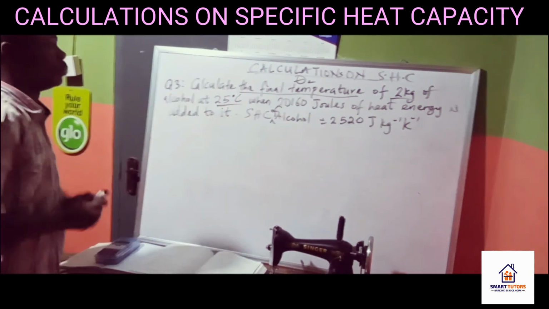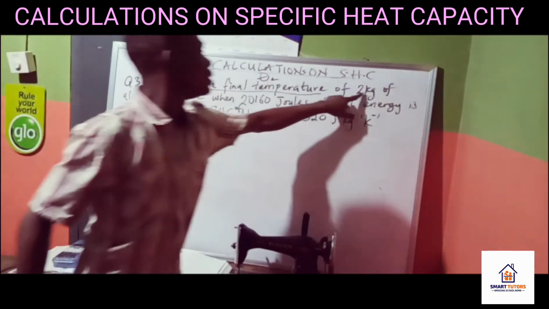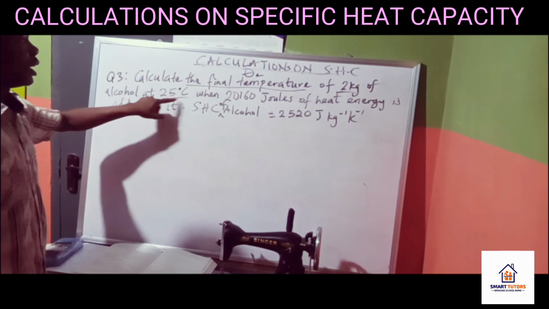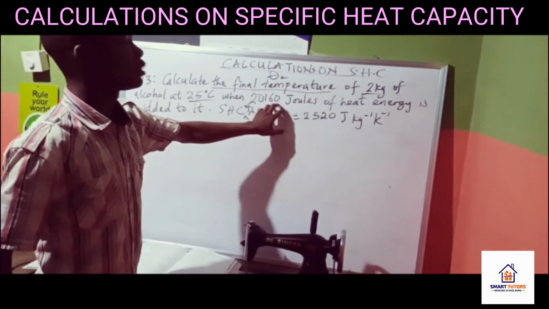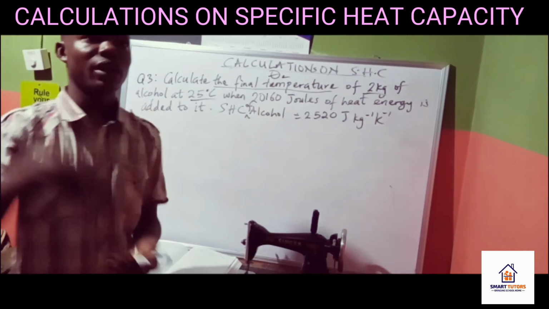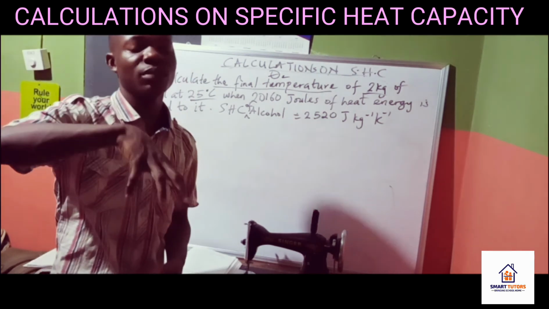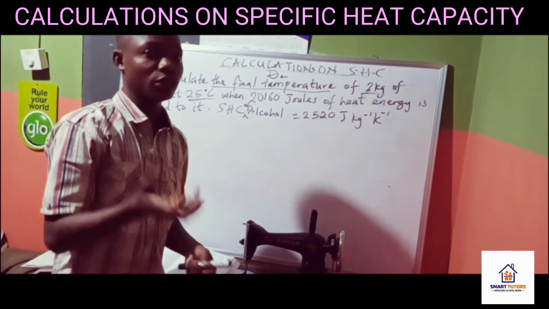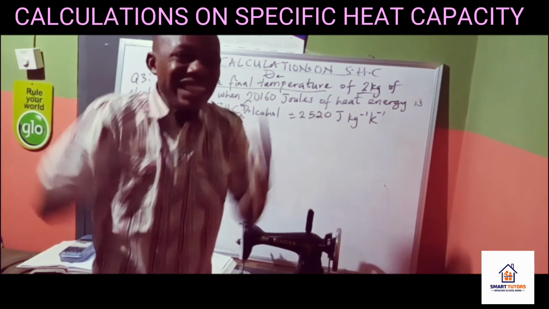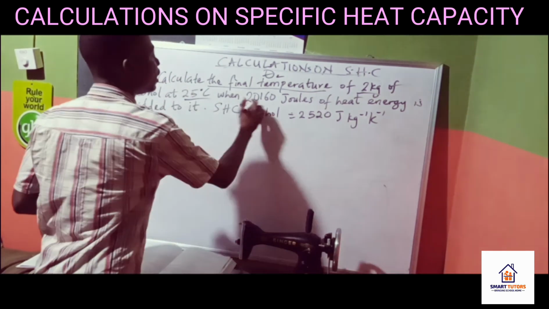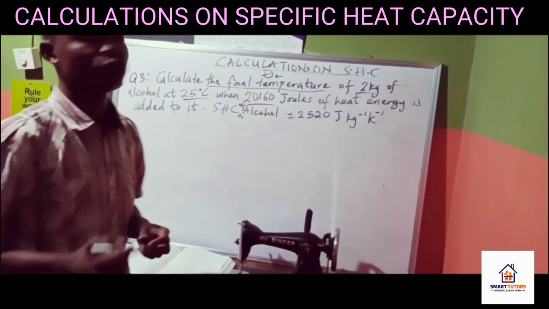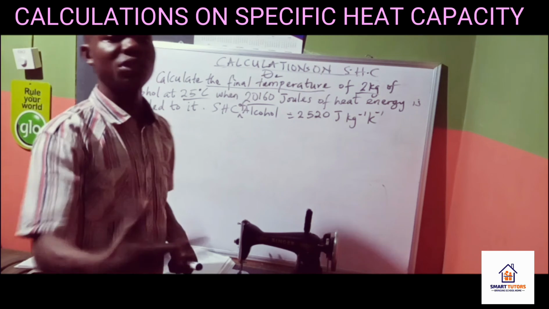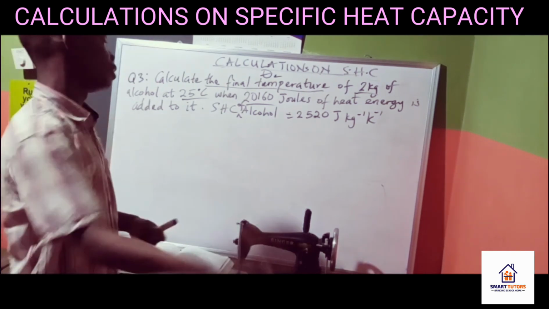You have alcohol of this mass at this temperature, and then they added this quantity of heat energy to it. Like you have alcohol inside a steel cup, a metallic cup, and you now heat it up with 20,160 joules of energy. What is going to be the final temperature of the alcohol inside the steel cup?